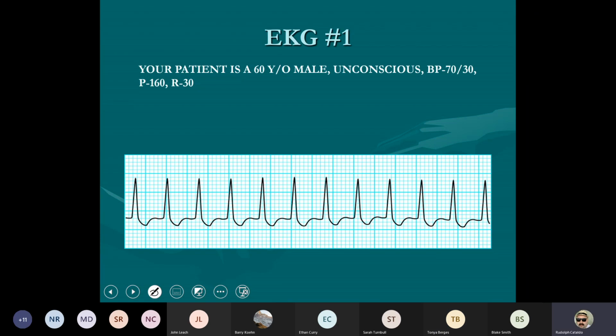Okay. So when determining stability, there's two things I look at. Unconscious and blood pressure. If one of those is skewed, my patient is unstable. So he's unstable, yes. Okay, he is unstable. Now, I have two pathways.